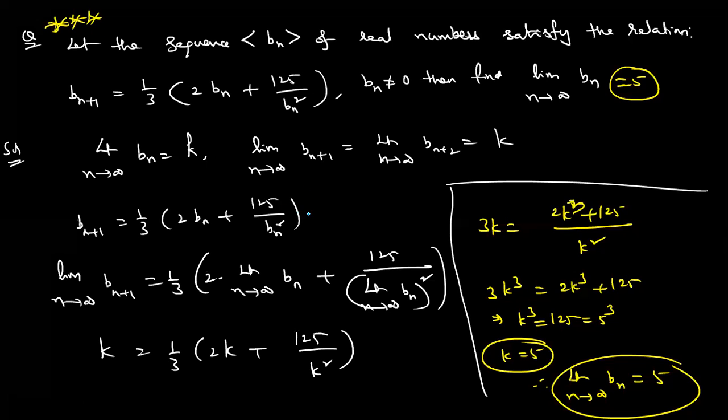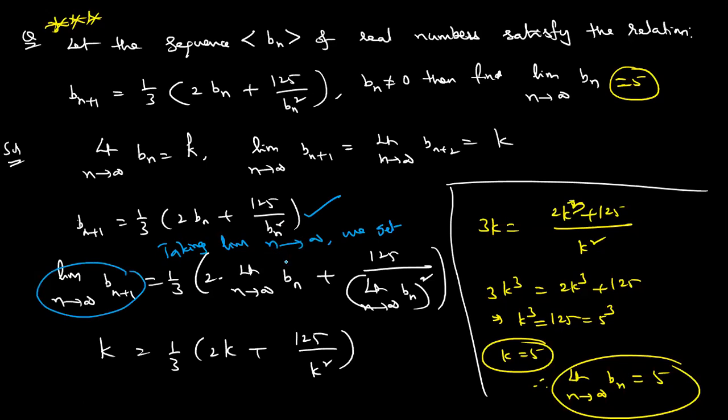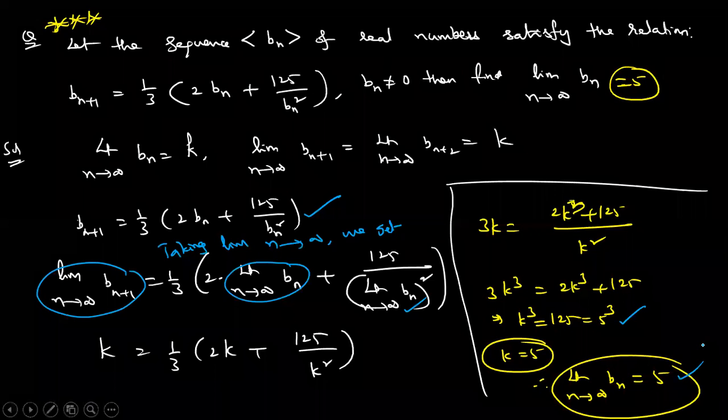So applying the limit n tends to infinity on both sides, we get, what is the result? See, k square. Simplify. k cube is equal to 5 cube, so k is equal to 5. So the answer is 5.